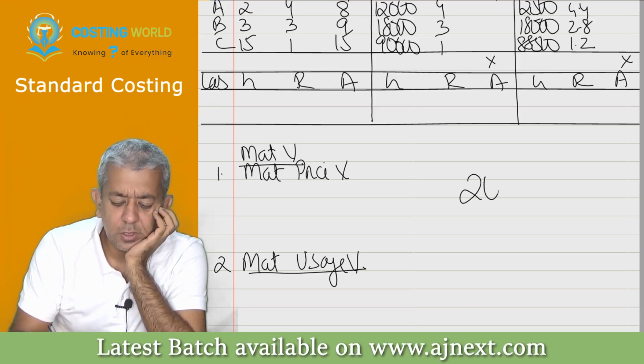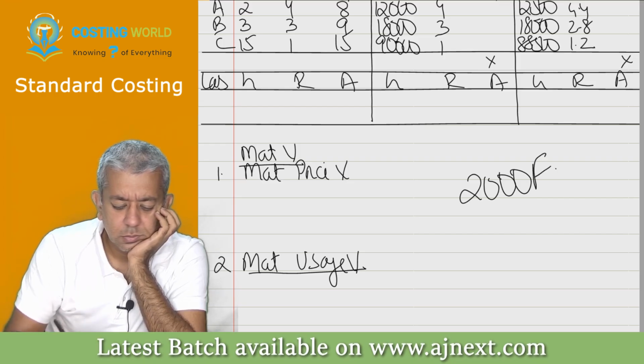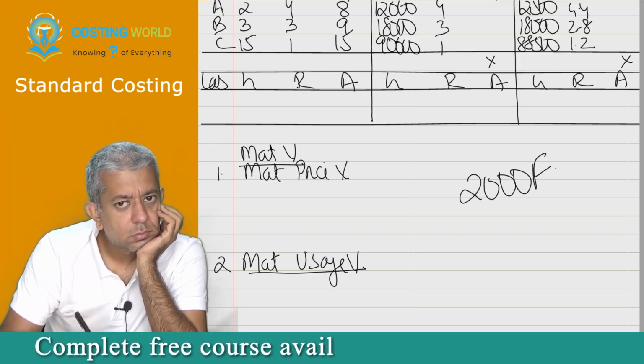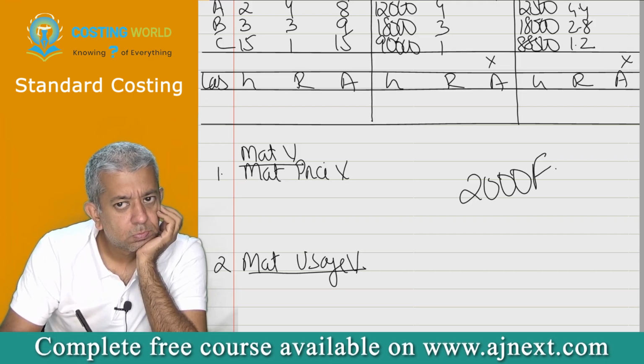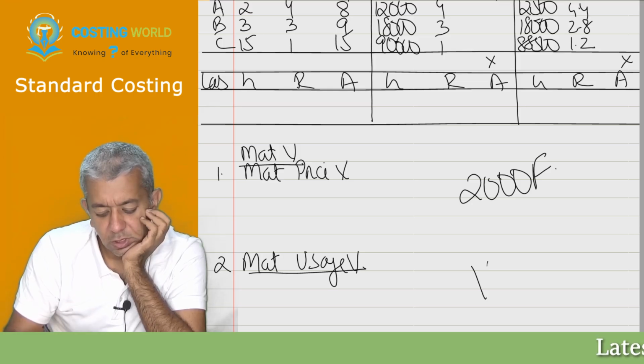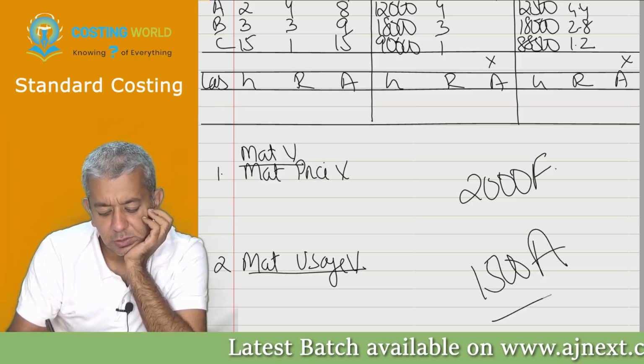2000 favorable or what? The other one 1500 adverse, please just check.